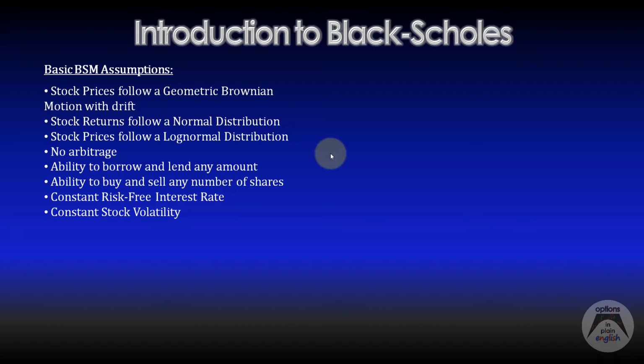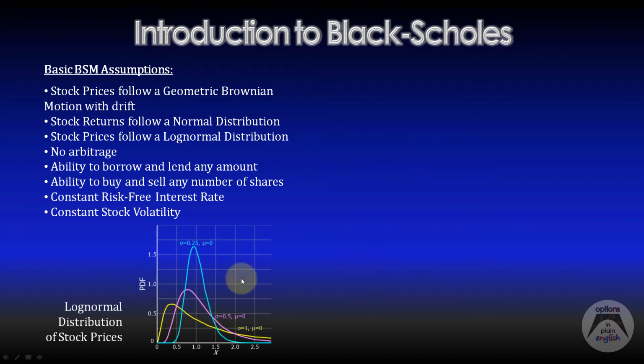So one of the basic Black-Scholes assumptions is that the returns of stocks follow a normal distribution, but the prices follow a log normal distribution. What does that mean? Well, because the stock prices, or any underlying price for that matter, cannot go below zero, but could go to infinity theoretically, to an arbitrarily high number, the distribution of prices cannot be normal, meaning symmetrical, because the underlying cannot take negative numbers.